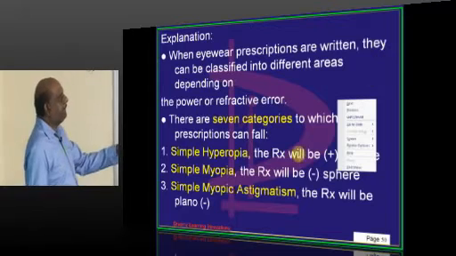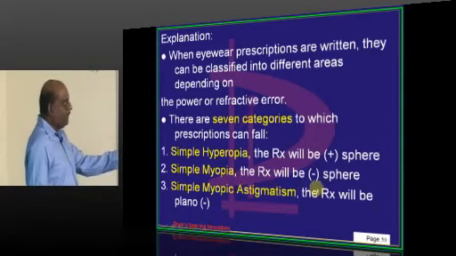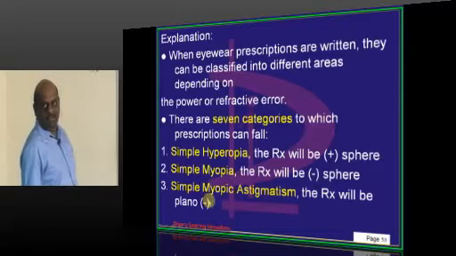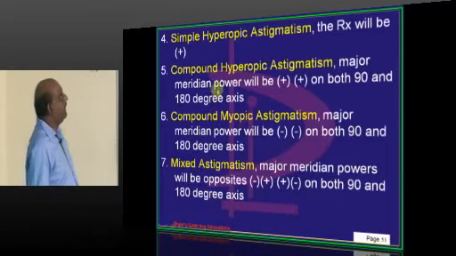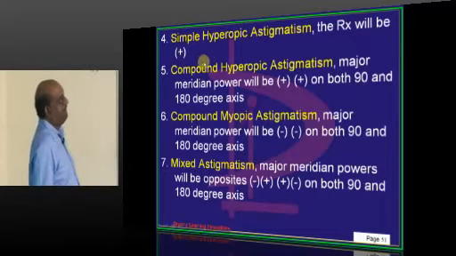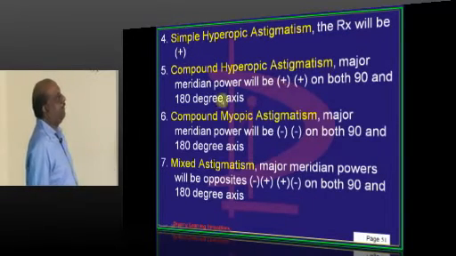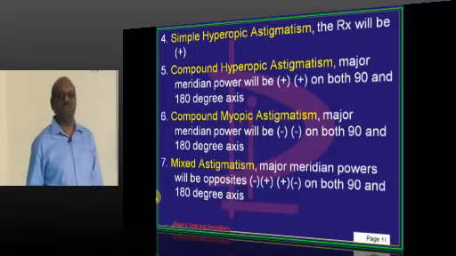So simple hyperopia, the prescription will be plus sphere. Simple myopia, negative sphere. Myopic astigmatism, plano negative. Then simple hyperopic will be plus. Then compound hyperopic, etc. I leave the literature for you. But too much of a question.